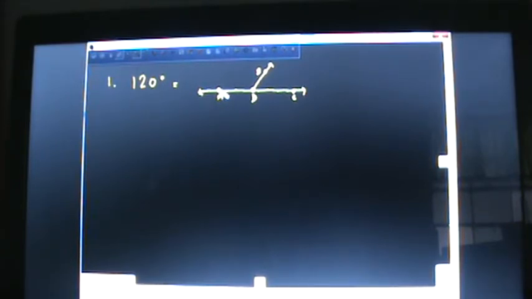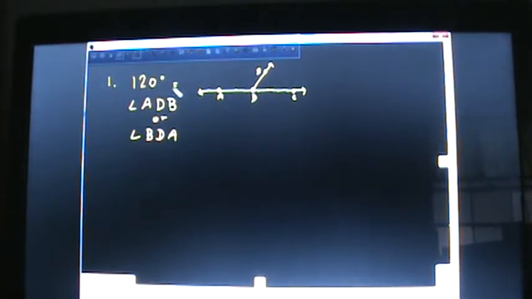We have angle A, D, B, which is an obtuse angle. We have angle B, D, C, which is an acute angle. So looking at these angles, angle A, D, B, or we could say angle B, D, A would measure 120 degrees because it is an obtuse angle.